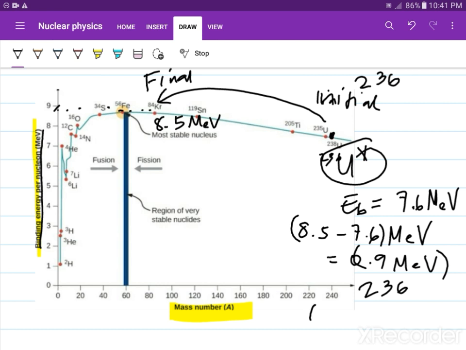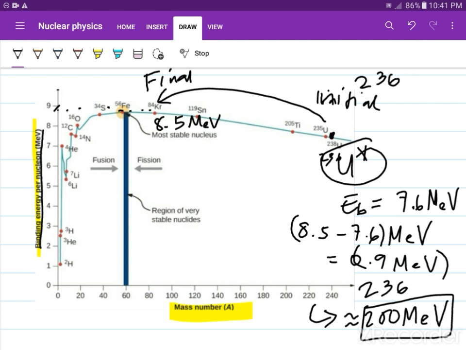So you will get an energy release of approximately 200 MeV. So this 200 MeV is the expected increase in binding energy during the fission.